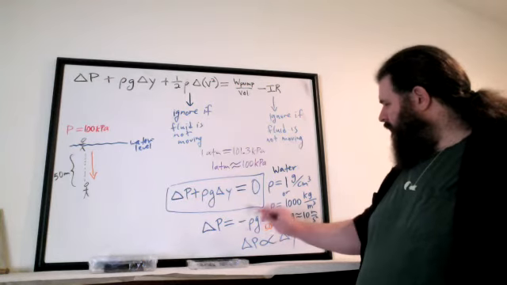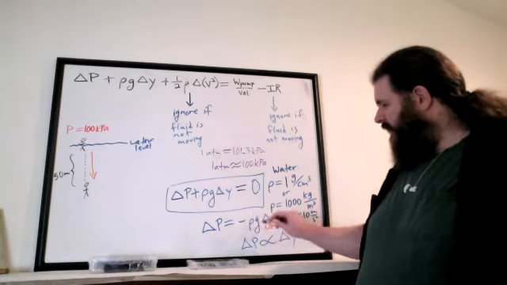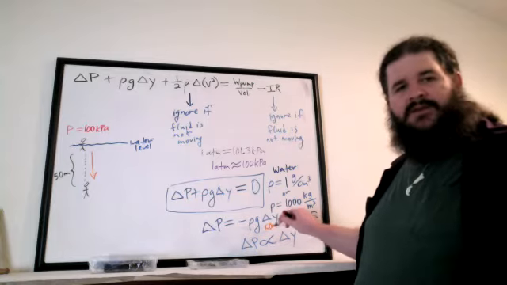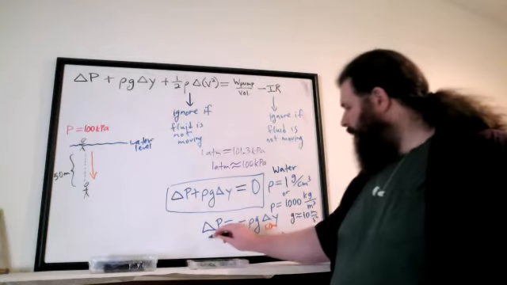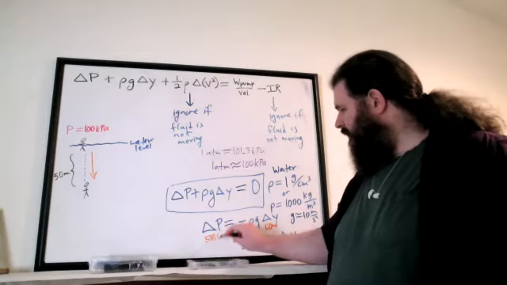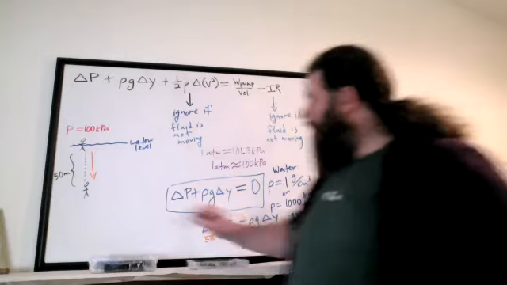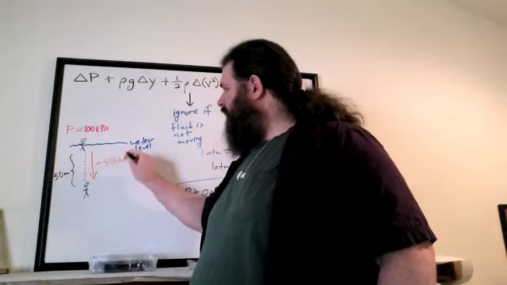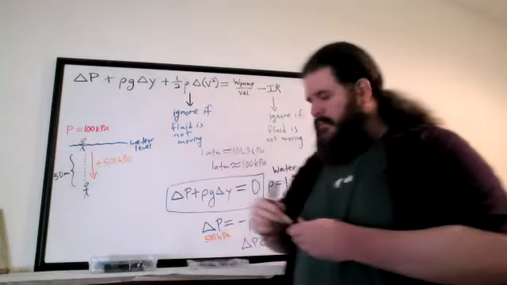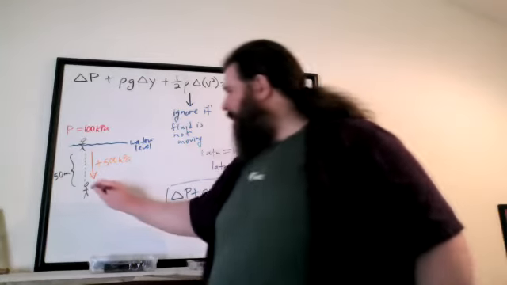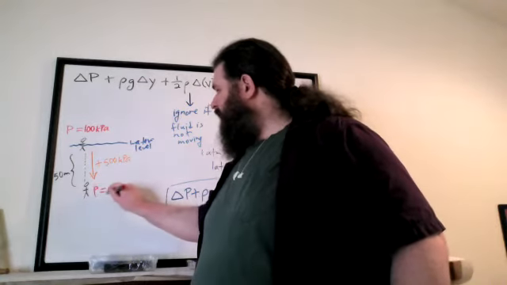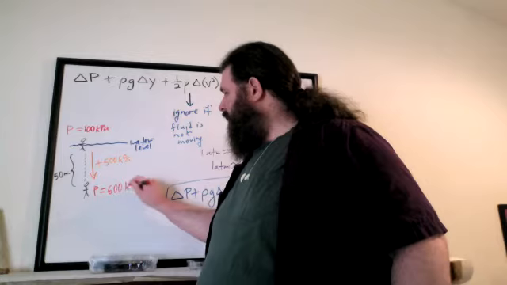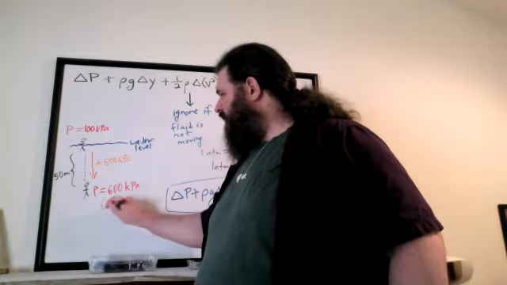We already found that rho is 1,000, g is 10, so 10,000. 10,000 times 50 is 500,000, so 500 kilopascals. So you gain 500 kilopascals of pressure. And your final pressure at the bottom would be 600 kilopascals, also known as 6 atmospheres.